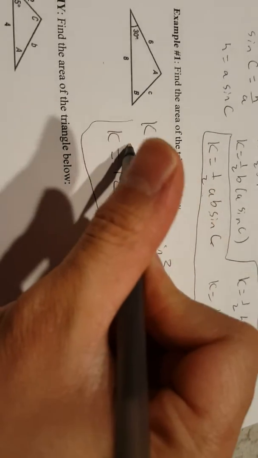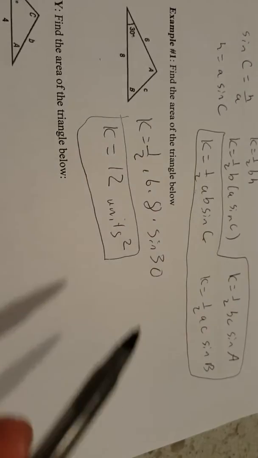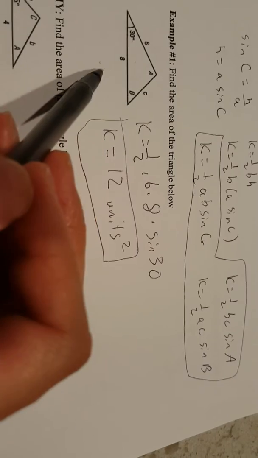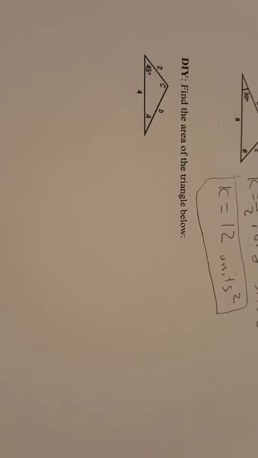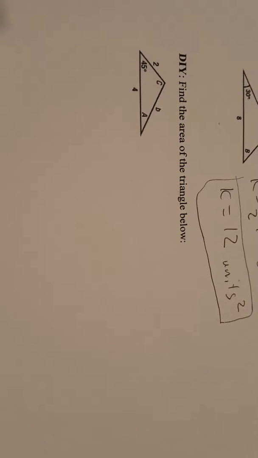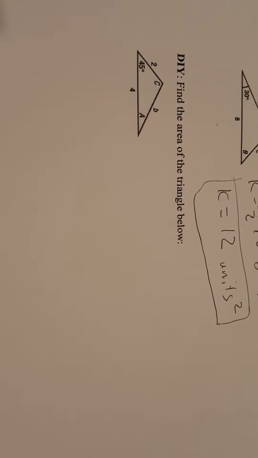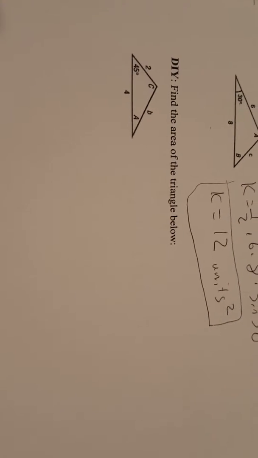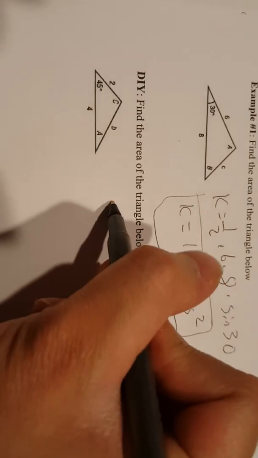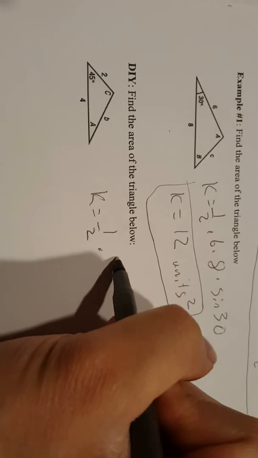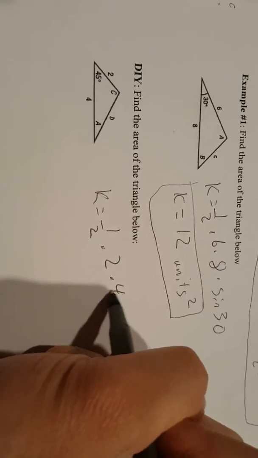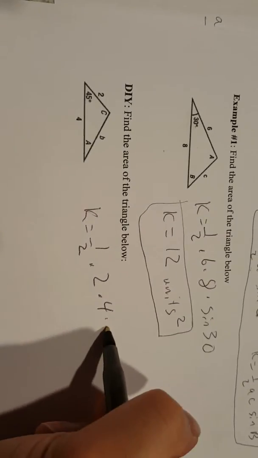So see, I don't even need to know the letters. I just need to know I multiply it by the two sides and sine of the included angle. So go ahead, quickly do this one. Pause the video. And here we go. So K is equal to 1/2 times 2 times 4 times sine of 45.